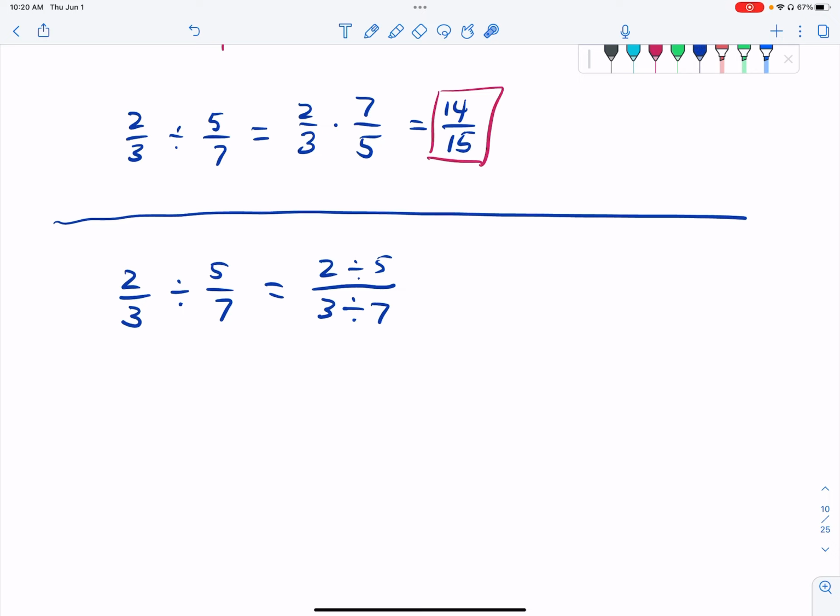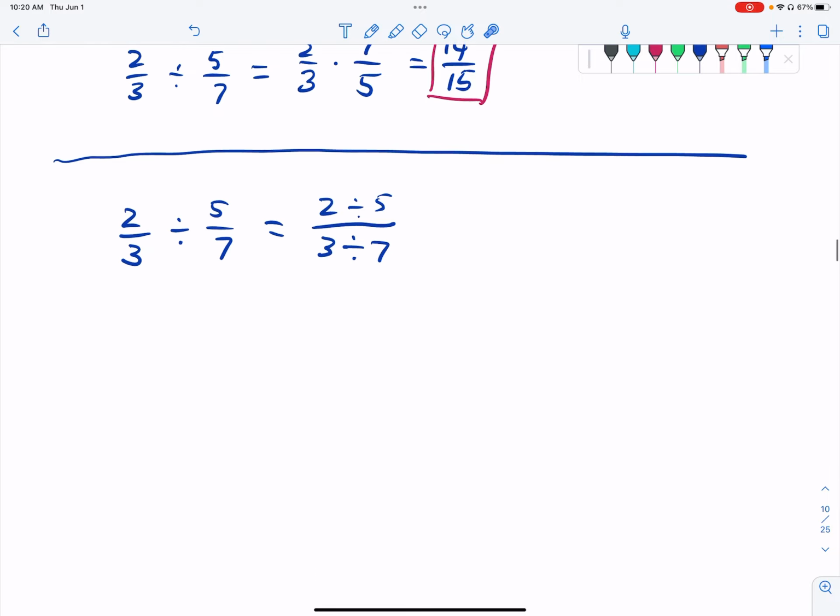And that might really upset you a little bit, intellectually, because you're like, there's no way that's going to work. I've never been taught that. I've never been shown that, but watch what is about to happen. And I think this is really going to cement the whole keep, change, flip thing down. All right, so I'm going to rewrite this like I did before, as 2 divided by 5.